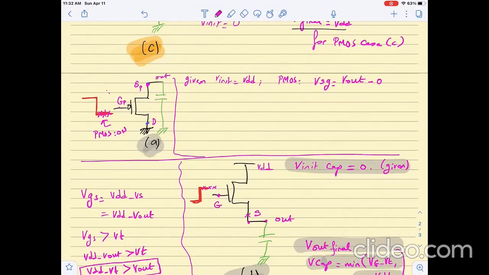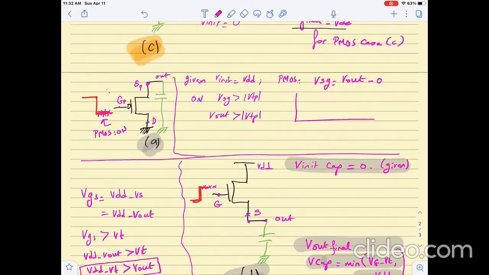Okay, and so it will be on so long as VSG is greater than the magnitude of VTP, therefore so long as the magnitude of V out is greater than VTP. So the output will start initially charged, and it will discharge until it reaches VTP, because beyond this point the PMOS will turn off.